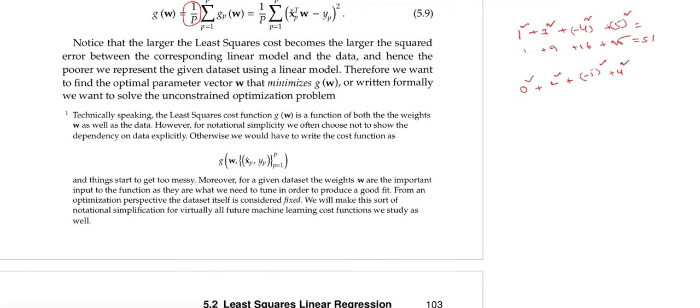I get 0 plus 4 plus 25 plus 16, which is 20 plus 25, 45.